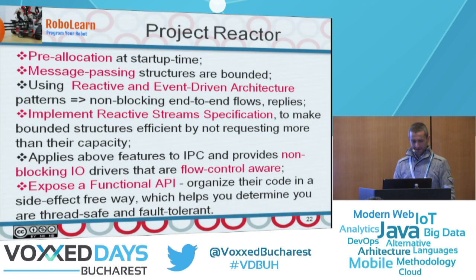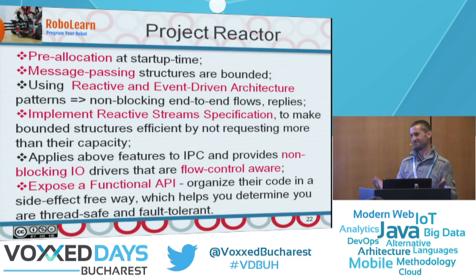They recently separated Reactor into several projects. And it implements this reactive stream specification with back pressure, and it exposes a fluent API, which is the same API which you have in RxJava. That's why I didn't need all of them, because they have the same API now.